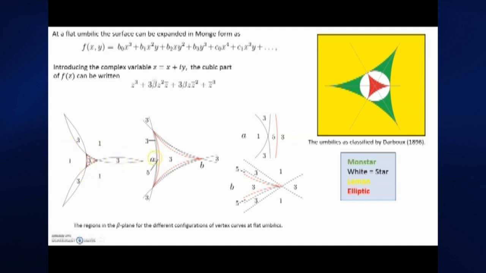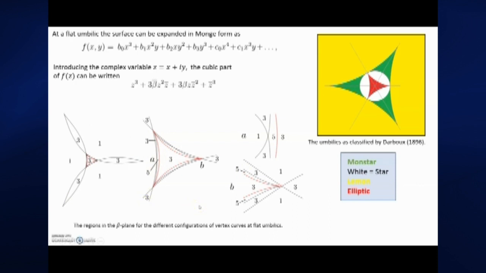You see each successive picture is zooming in on the propeller shaped picture on the left. You zoom in on the center and then zoom in on the region A here, so you can see the 5 and these thin regions.